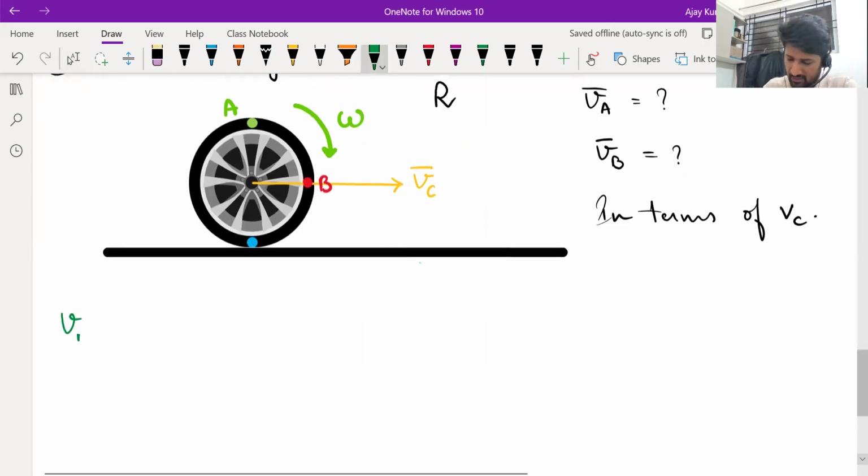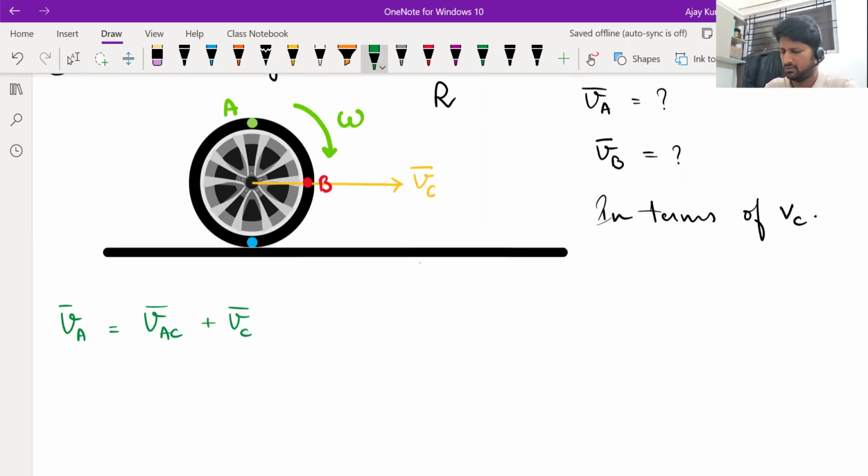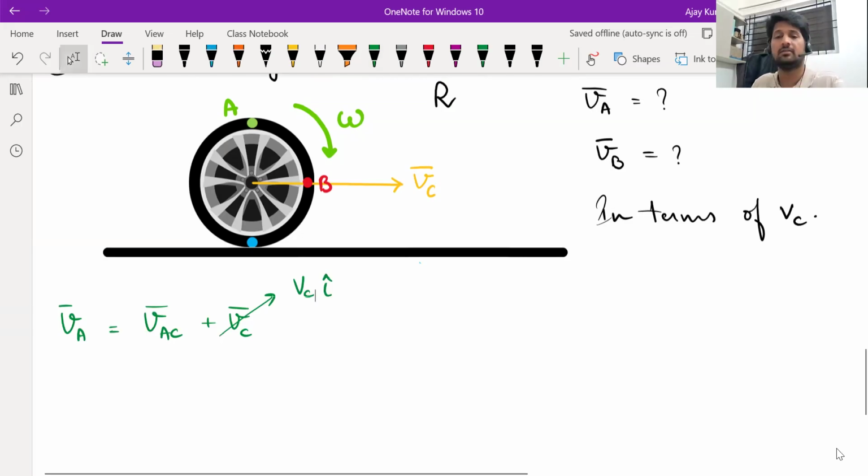Suppose you want to find out velocity of A. General formula: velocity of A with respect to center of mass plus the velocity of center of mass itself. Now we know the velocity of center of mass, VC i cap. Now we need velocity of A with respect to the center of mass. So you have to imagine the system undergoing pure rotation about the center of mass.